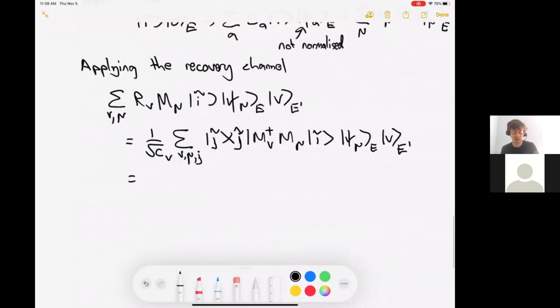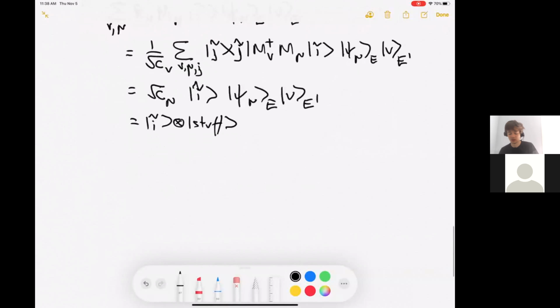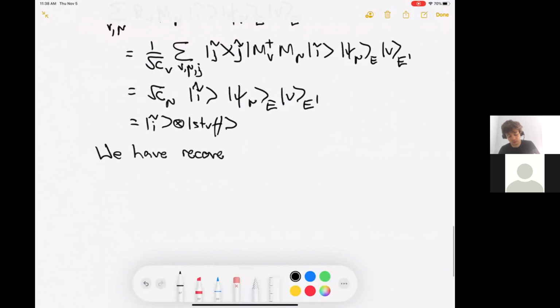This sum simplifies dramatically, and we just get that the state ends up being the square root of C mu times I tilde times psi mu, E times nu E prime. Okay. Which is, of course, I tilde tensor stuff, as we desired. Okay. So we have recovered I tilde.